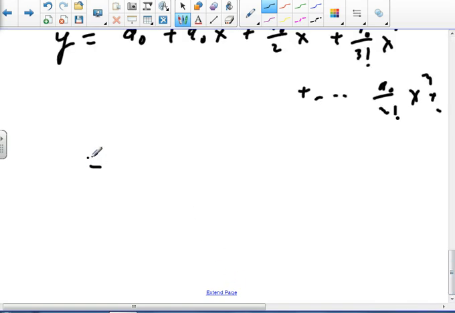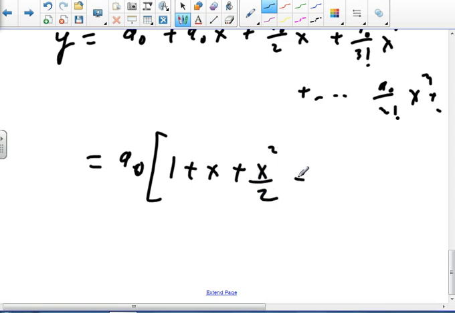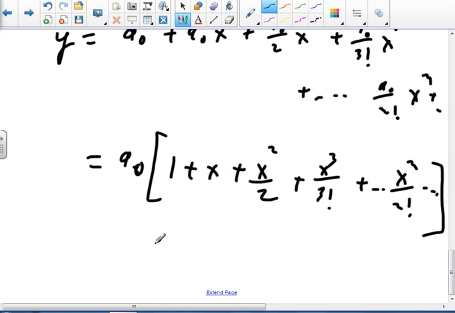What's that? Well, that's a0 times 1 plus x plus x squared over 2 plus x cubed over 3 factorial plus and so on, x to the n over n factorial out to infinity, a0 e to the x.